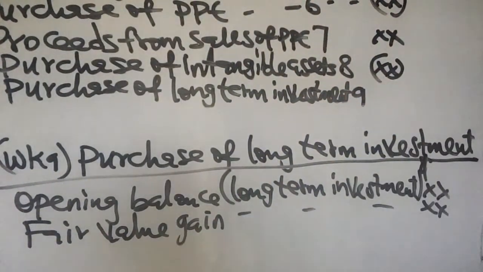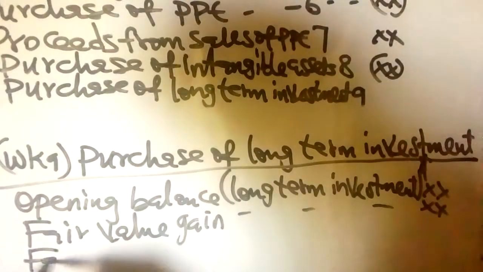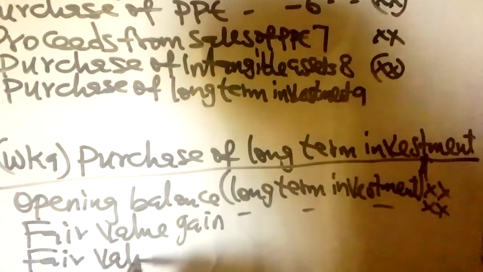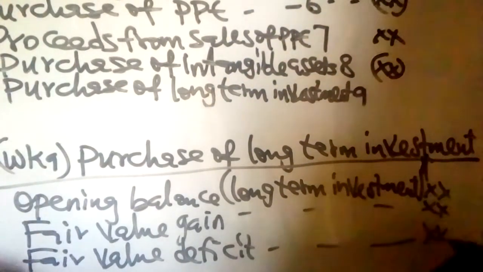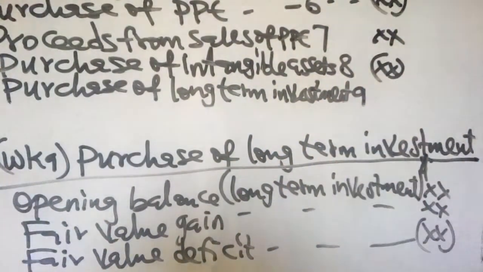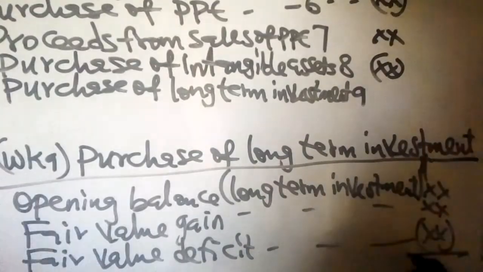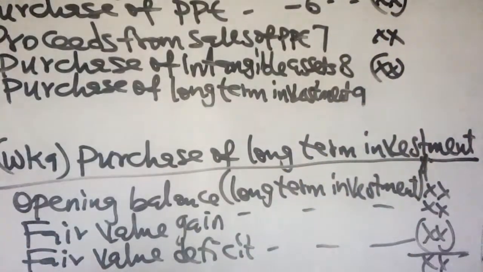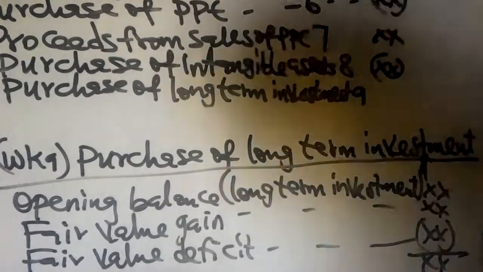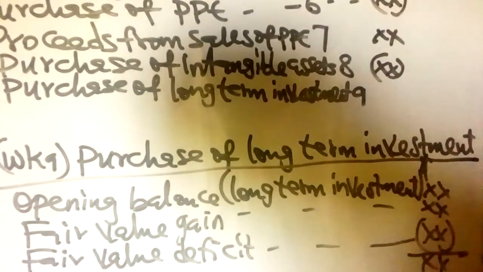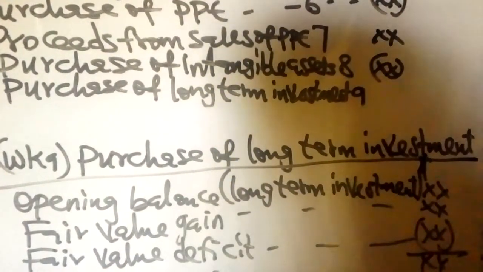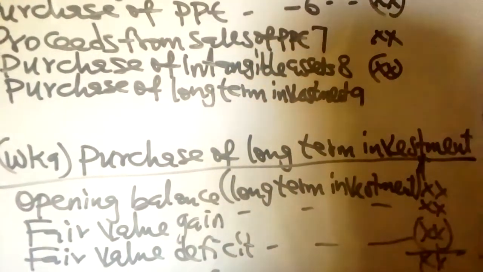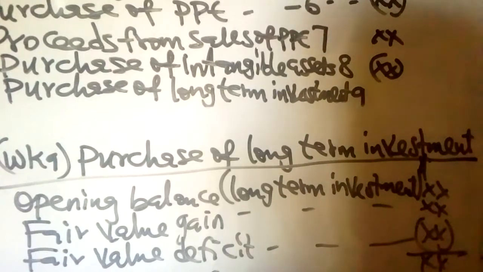But where you have a fair value deficit, then you subtract it. After this adjustment, you then compare with the closing balance, that is long-term investment under non-current assets.